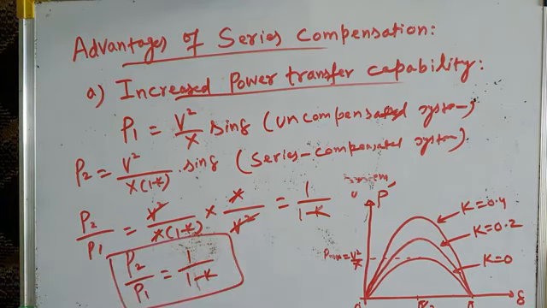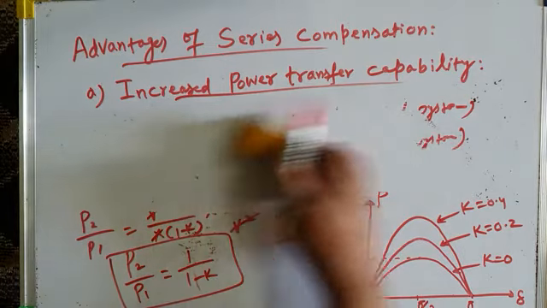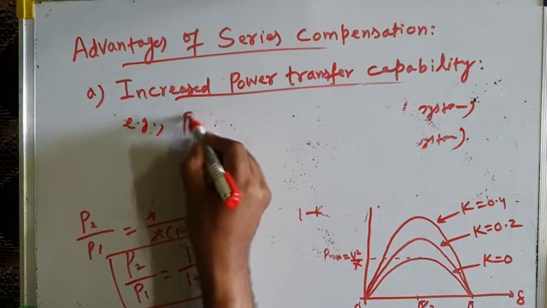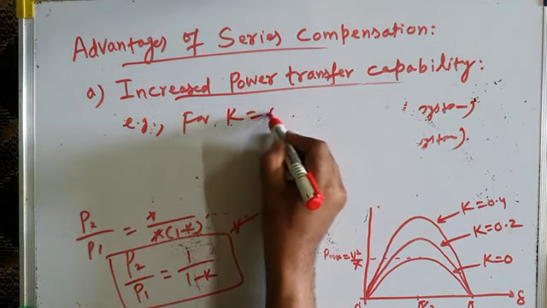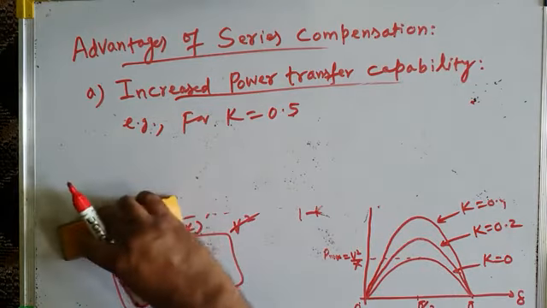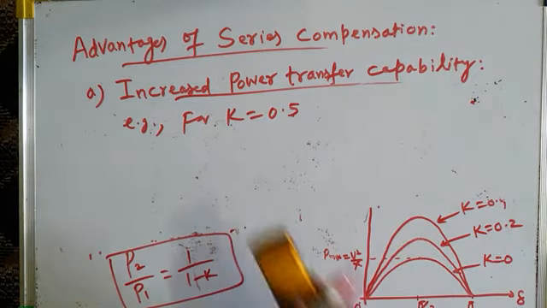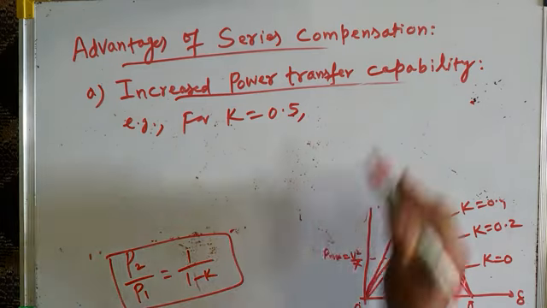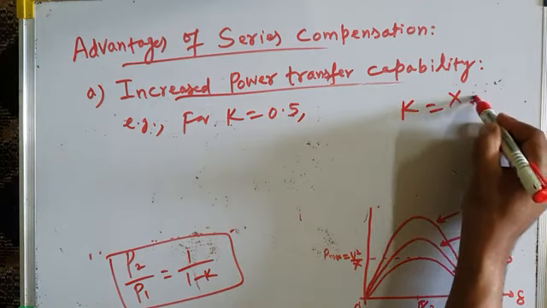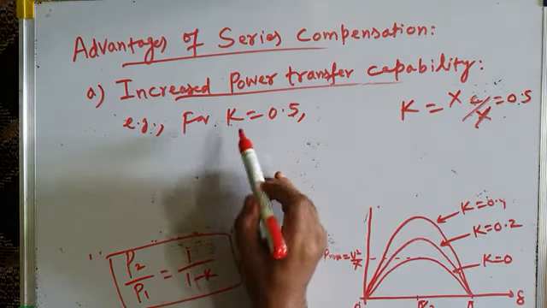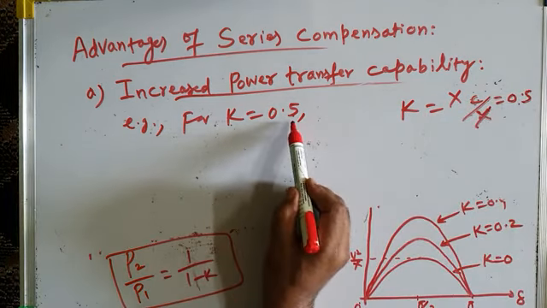Now K is the degree of series compensation. So for example, for a degree of series compensation equal to 50%, if you place a capacitor in series with the line with capacitor reactance adjusted in such a way that K is equal to Xc by X comes out to be 0.5, so degree of series compensation equal to 0.5.